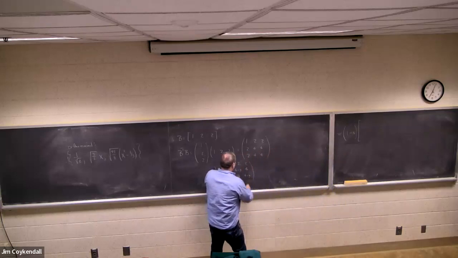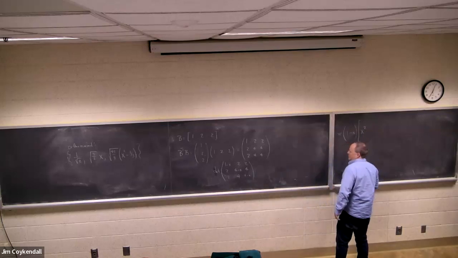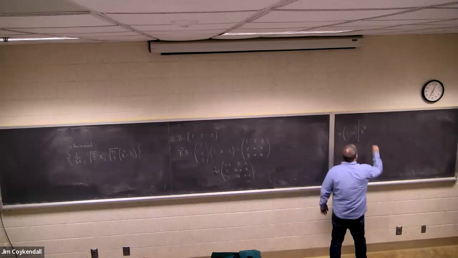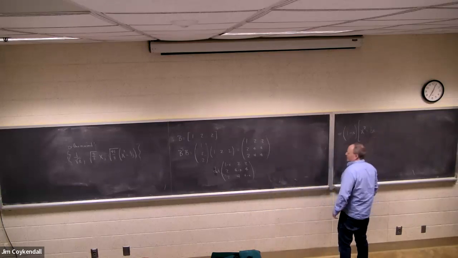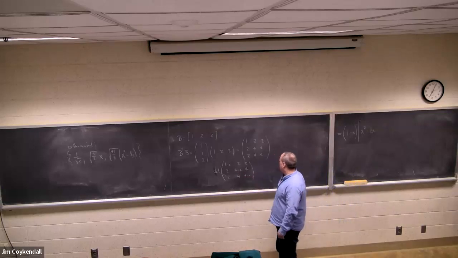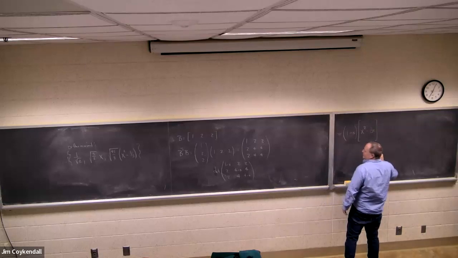This is going to be x squared minus 4 minus 8, so it's minus 8x. And a little magic happens because I get plus 16 minus 16, so that's it for that piece.